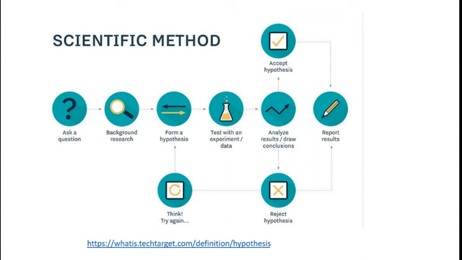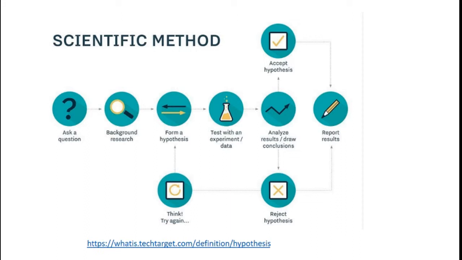So we're asking that question, doing some background research to know what's been done before and what possible solutions are out there. We'll form a hypothesis. Again, that question that we can either prove or disprove with our experiment. We'll go ahead and do some sort of experimental work, do an analysis, and either accept or reject our hypothesis and communicate what we found.